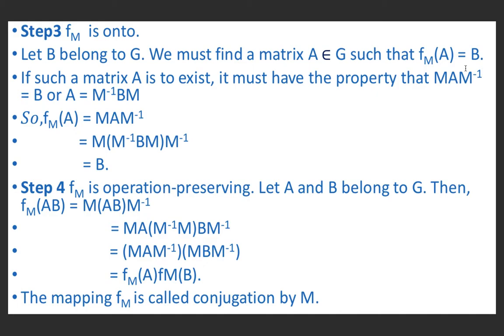Any matrix multiplied by the identity matrix is the matrix only. So we get A equal to M inverse B M.